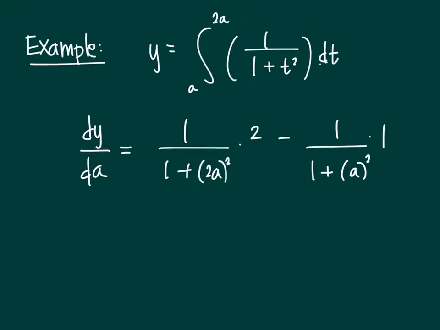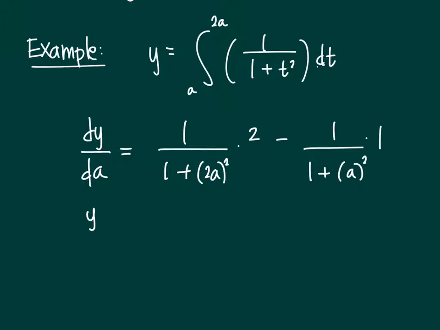And so I end up with a simplified dy da, which is 1 over 1 plus 4a squared, times 2, minus 1 over 1 plus a squared.